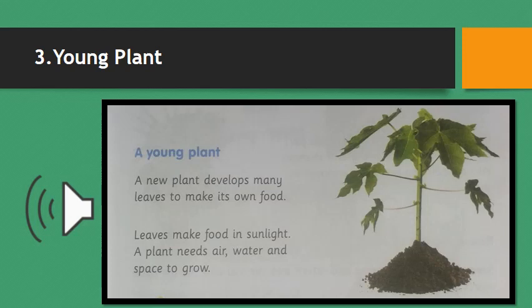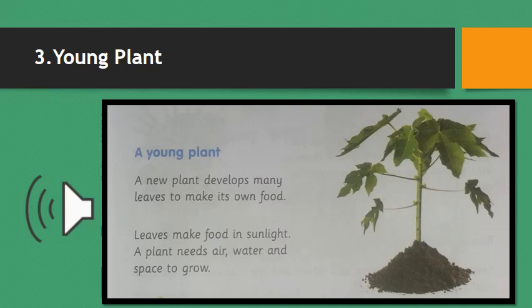A young plant. Reading. A new plant develops many leaves to make its own food. Leaves make food in sunlight. A plant needs air, water, and space to grow. Explanation. So the third step in the life cycle of a plant is the young plant. As the root arises, shoot arises, leaves and flowers develop.